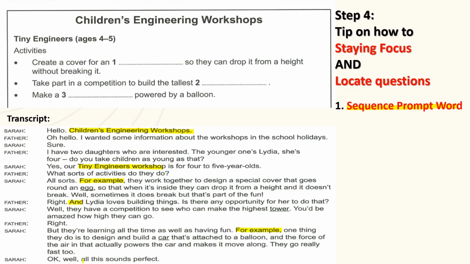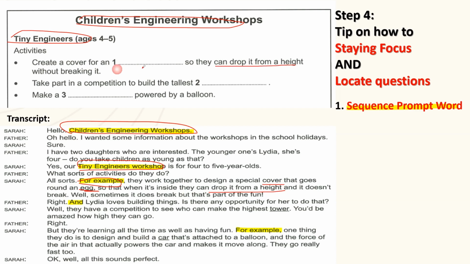For example, the phrase Children's Engineering Workshop corresponds to the main heading. Then, Tiny Engineer Workshop matches the first subheading here. Further down, for example, corresponds to cover and egg in the question. The phrase dropped from a height aligns with the sentence in the question.